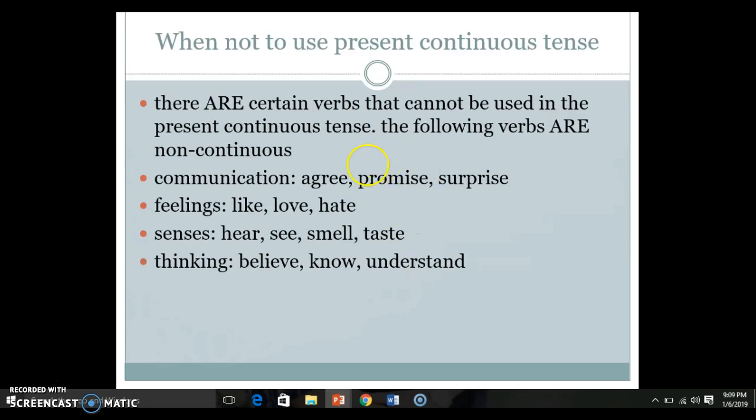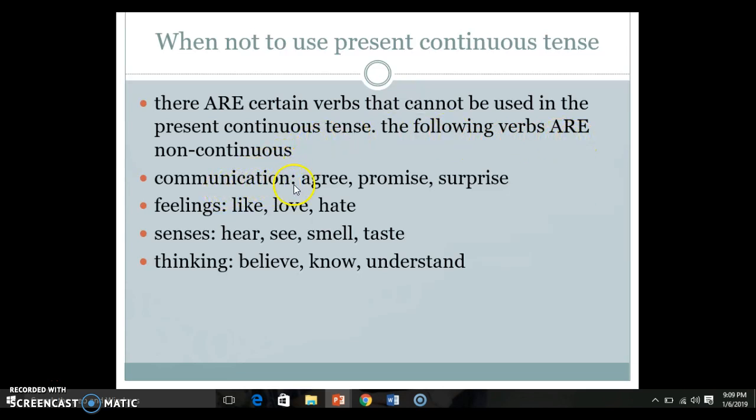Next, don't use present continuous tense with some verbs. There are certain verbs that cannot be used in the present continuous tense. The following verbs are non-continuous.